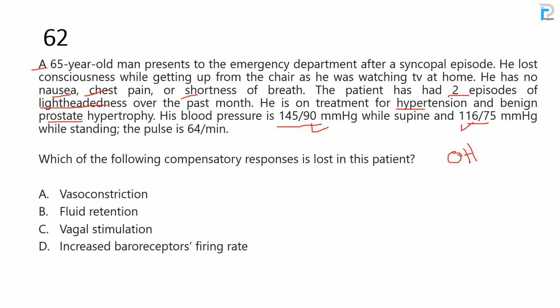So vasoconstriction doesn't happen in these patients. That's why the blood pressure decreases when they change their posture. So the compensatory response that is lost here is vasoconstriction, and the reason for that is because they are on medication for blood pressure, which causes vasodilation. Mostly it's an alpha blocker here.